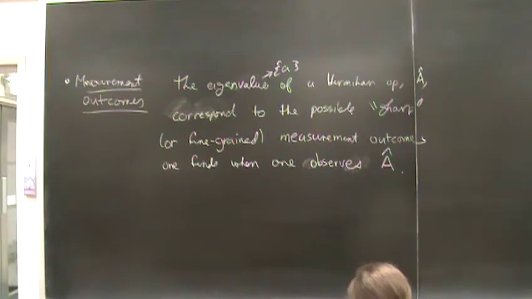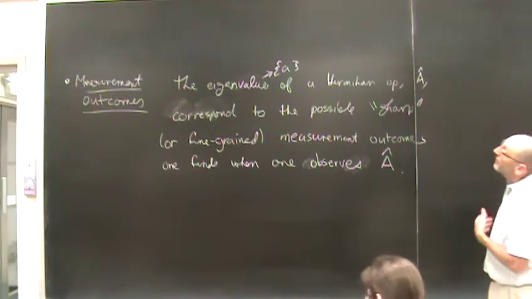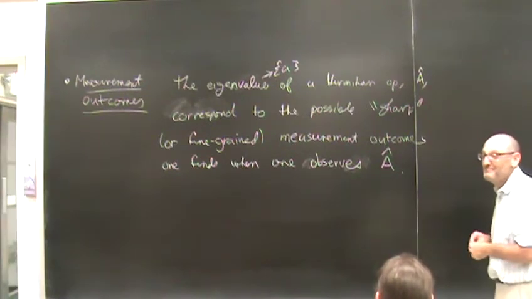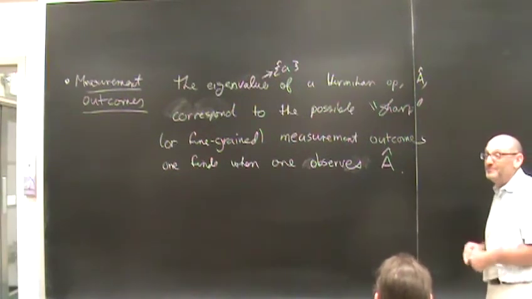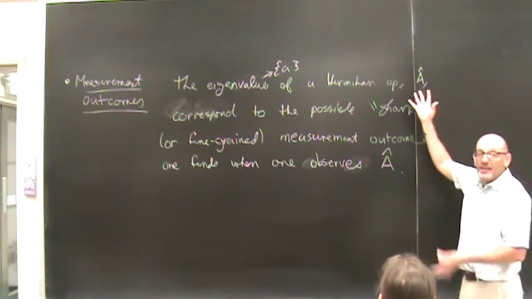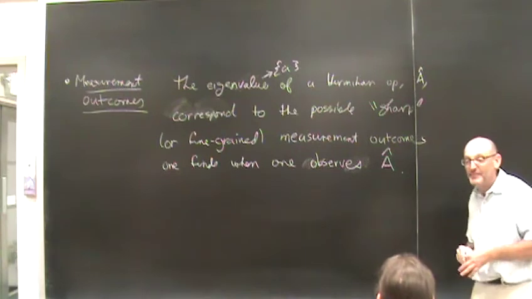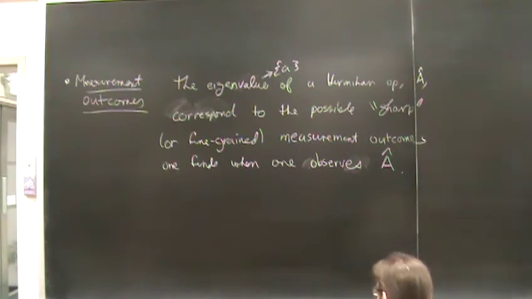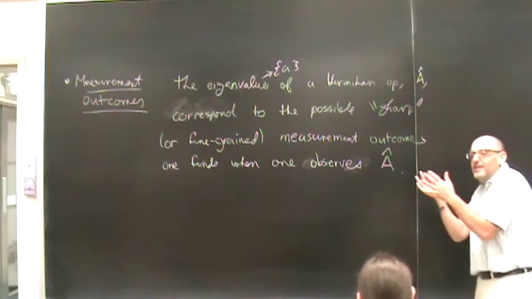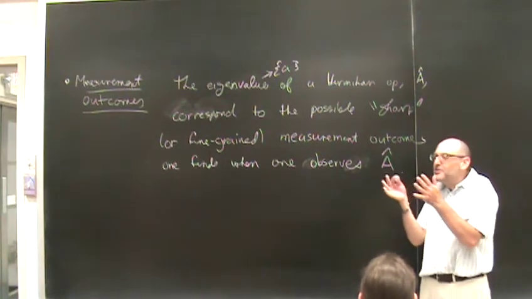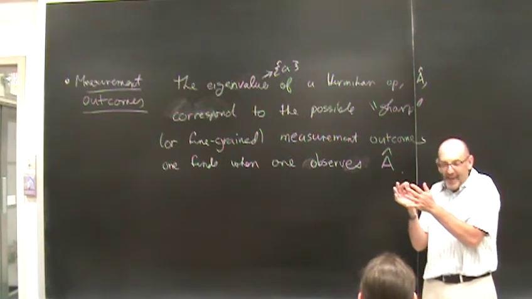So, if one somehow, in ways that we'll try to explain, does a measurement where the device is designed to measure the observable A, and we want to know what outcomes that measurement device can find, well, of course that measuring device may have some intrinsic noise on itself, right?